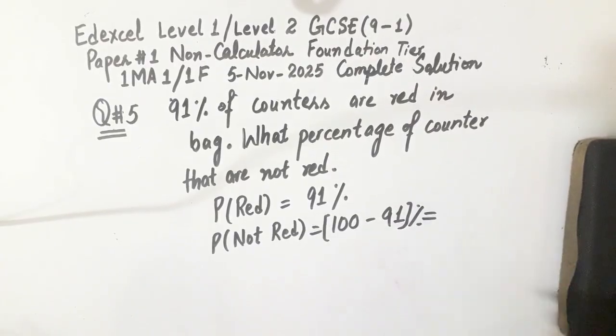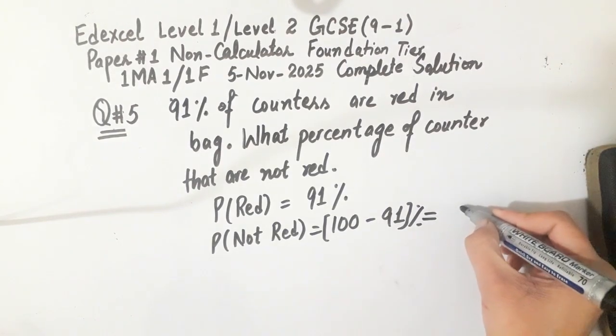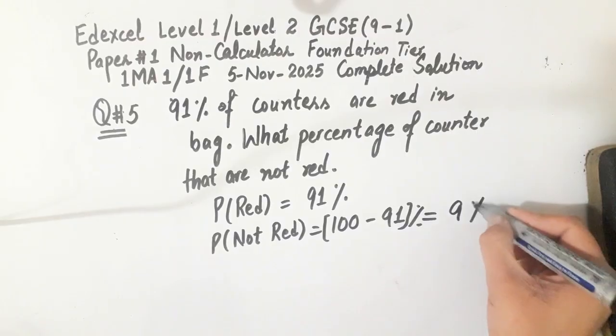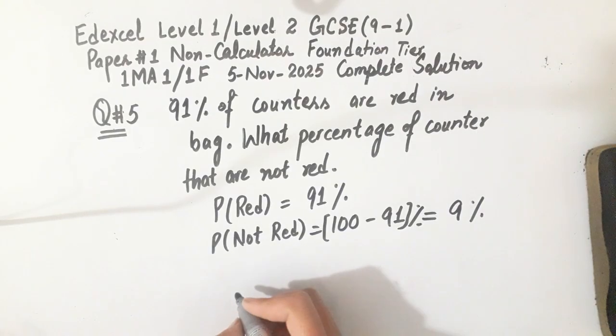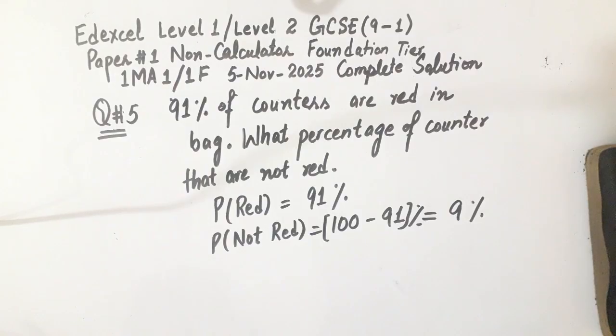Because total is 100, so 100 minus 91 will be equals 9%. So we get answer equals 9%. So these are not red.